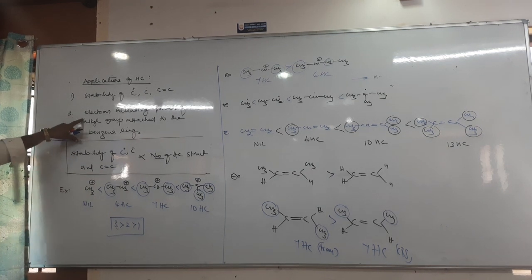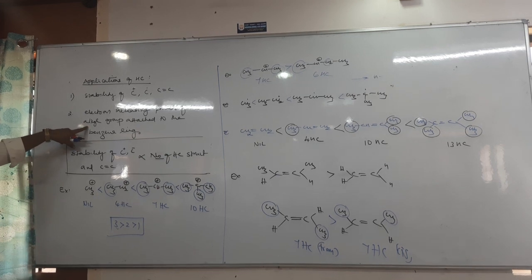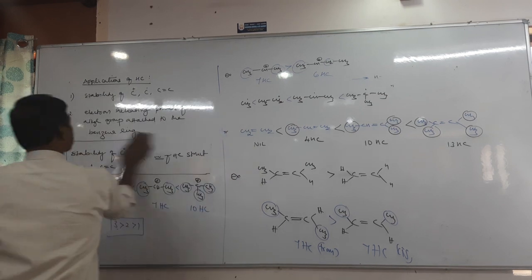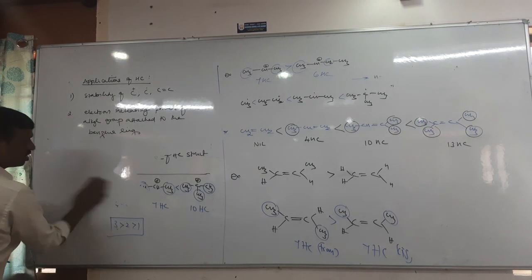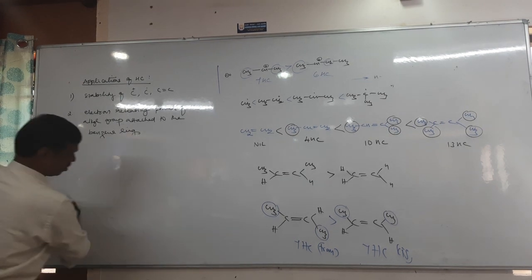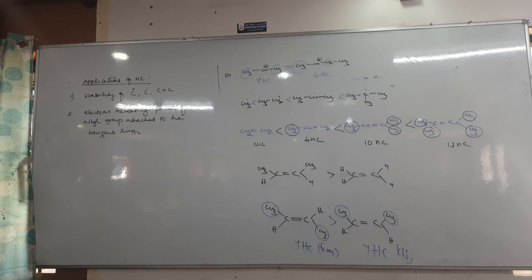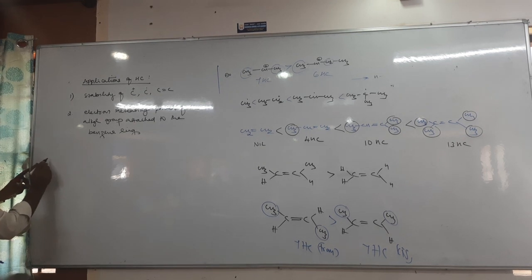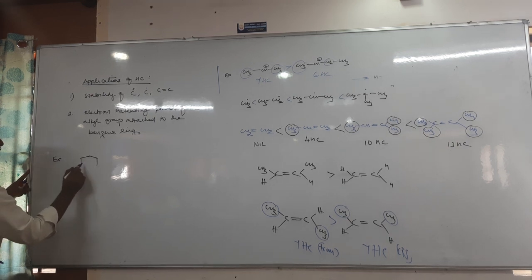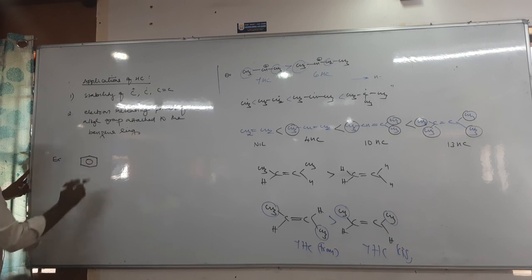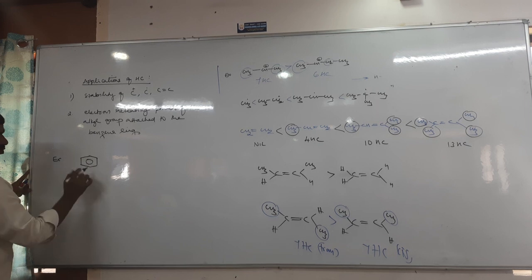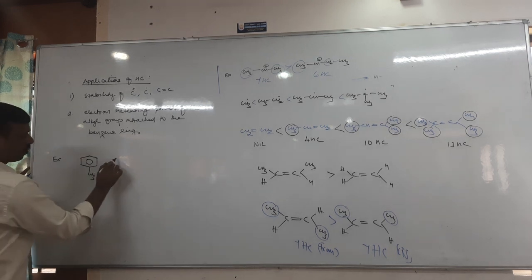Then the last one: electron releasing power of alkyl groups attached to the benzene ring. This is a previous JEE question, and it was given like this, with CH3.